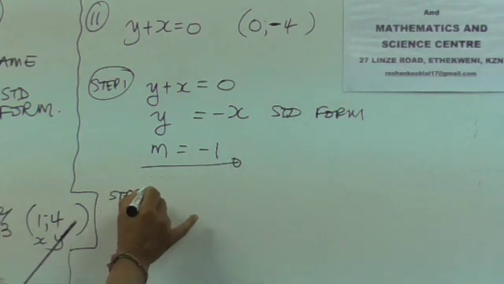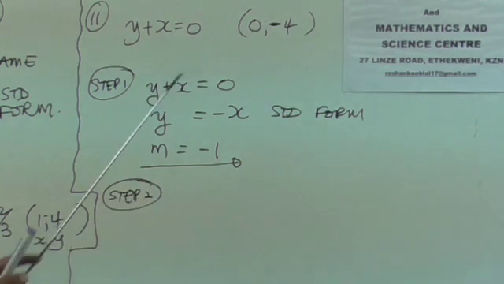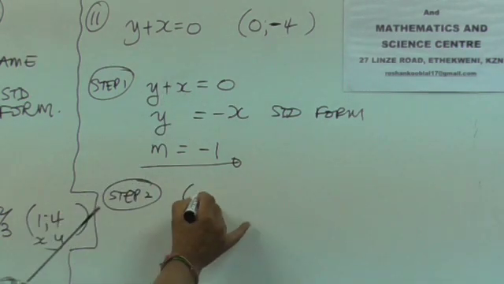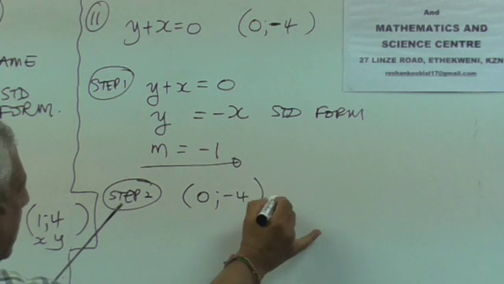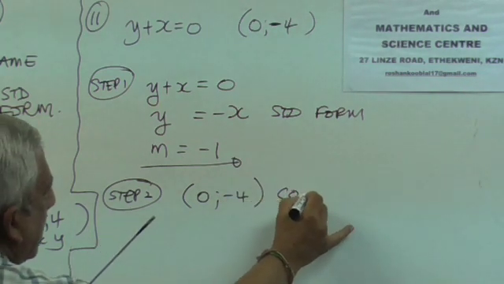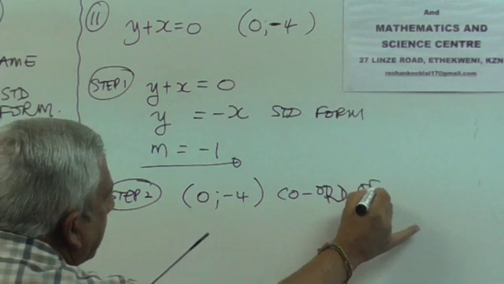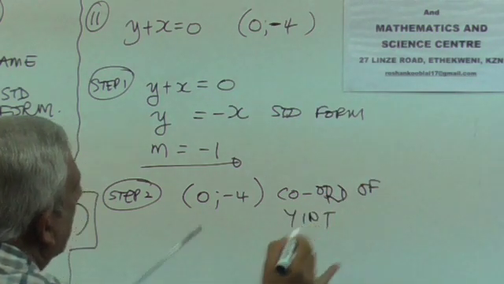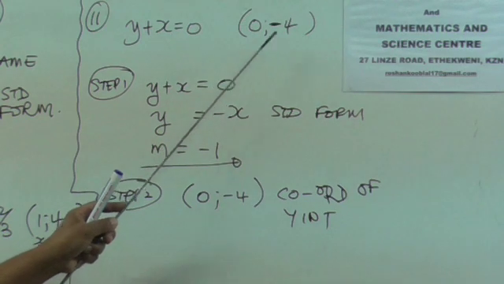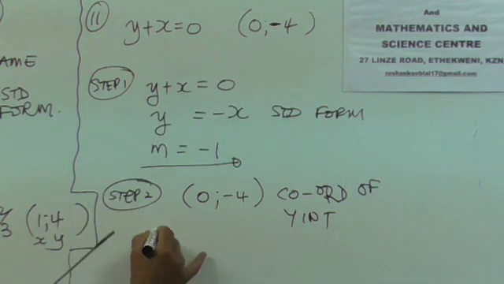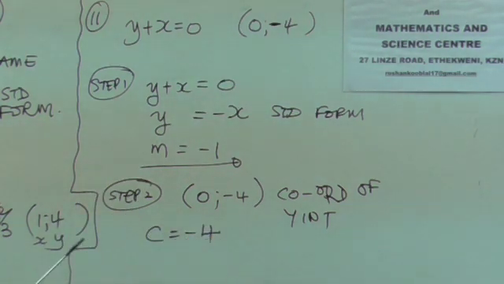Step 2: that (0, -4) is actually the coordinates of the y-intercept. If 0 is here, then that is the coordinates of the y-intercept. Therefore, c is clearly -4.